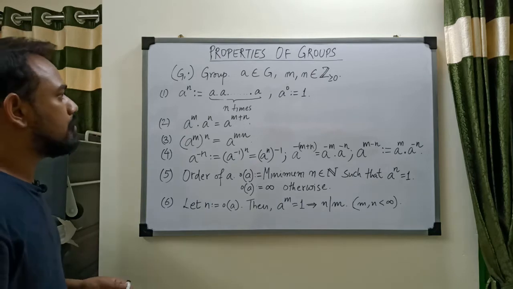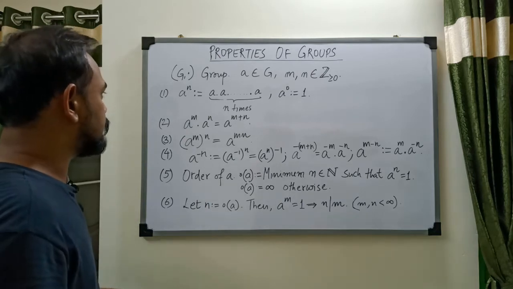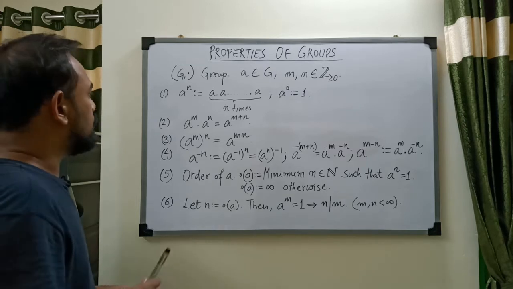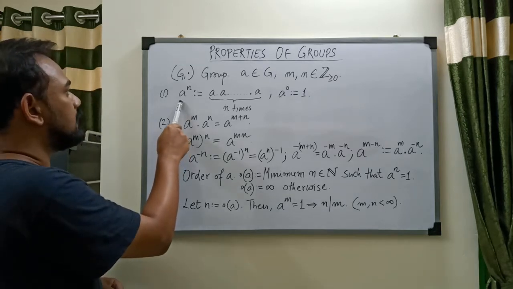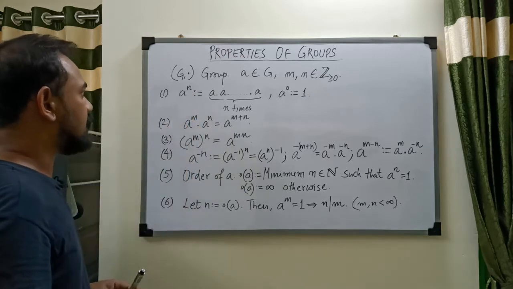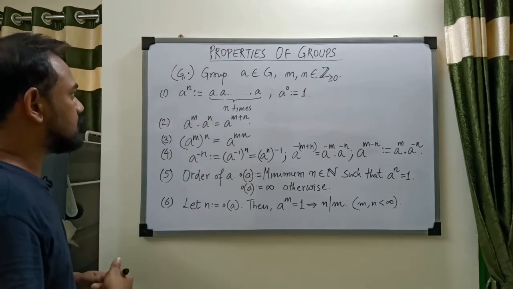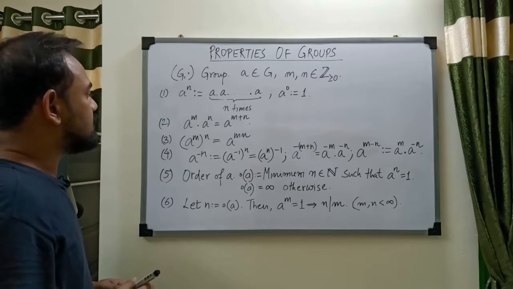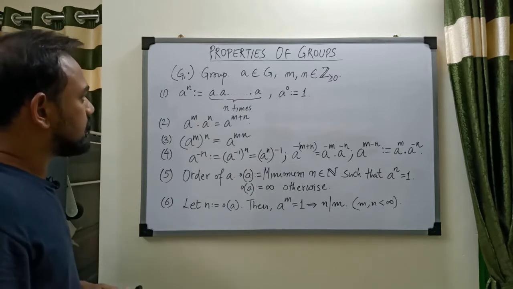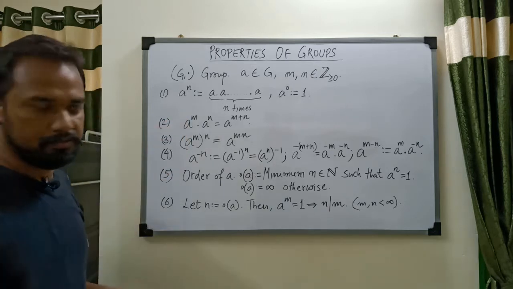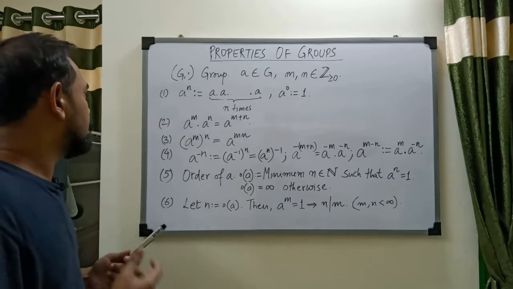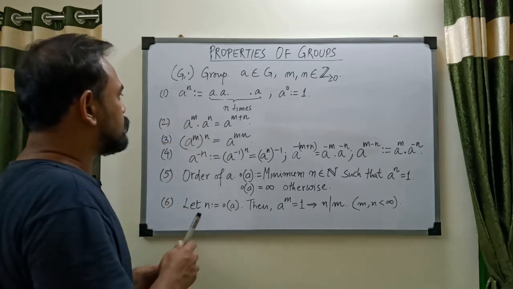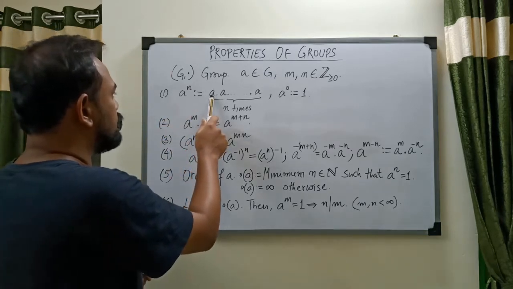Okay, so the first thing that happens is we want to define something. We want to define what is an element raised to an index n. Okay, the power of a, this is a to the power n. And the way we want to do this is the way we have always defined powers, and that would be if you multiply.